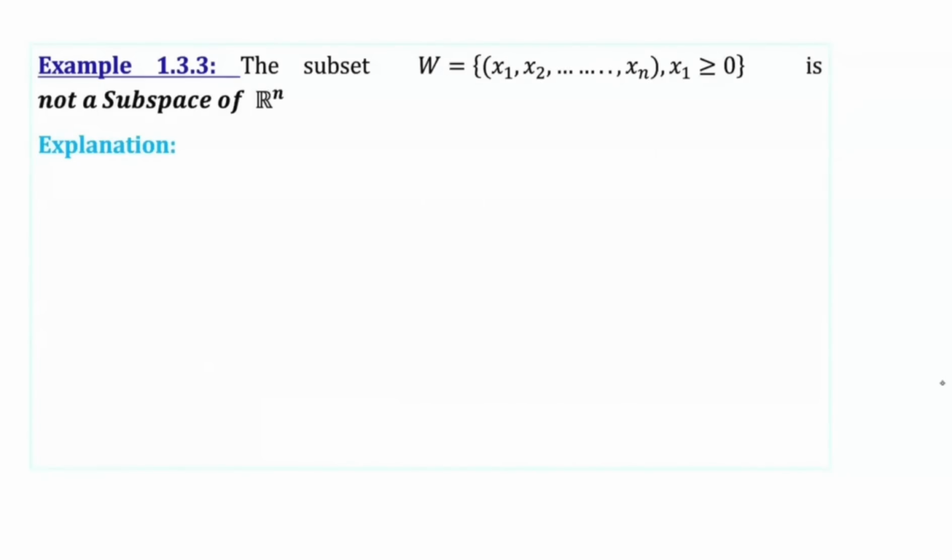Okay, now come to our next example, and in this case the first entry is greater than or equal to 0, and we will verify whether it is a subspace or not a subspace.